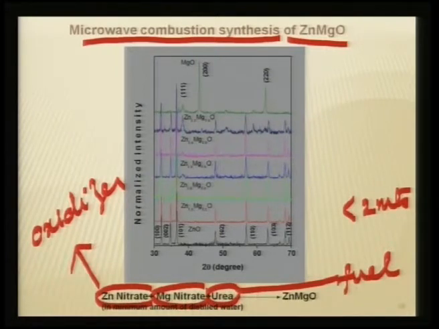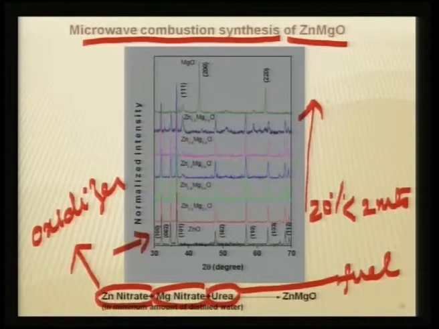Now, this is the typical pattern that you would get. You can see here a well crystallized zinc oxide pattern is coming, and you can actually dope from 20% to 80% of magnesium in this compound, and as you see here up to 50% you do not see much of a signature.